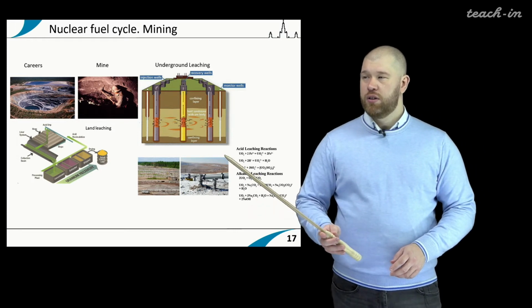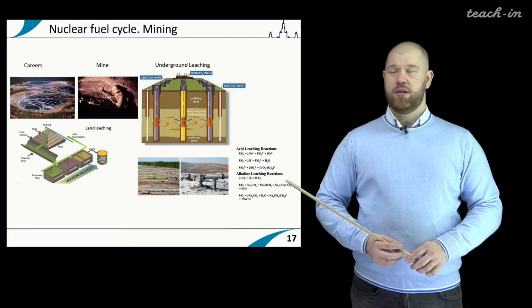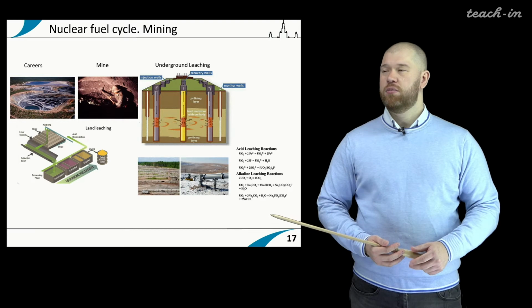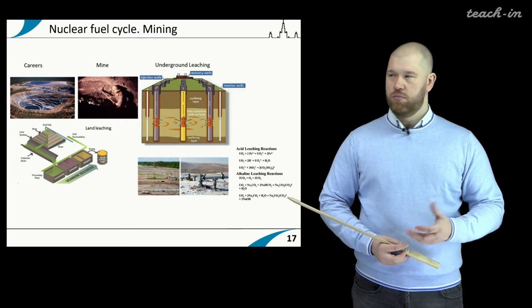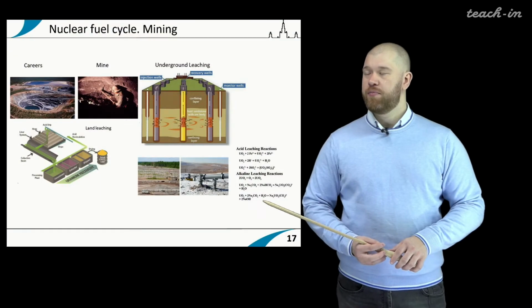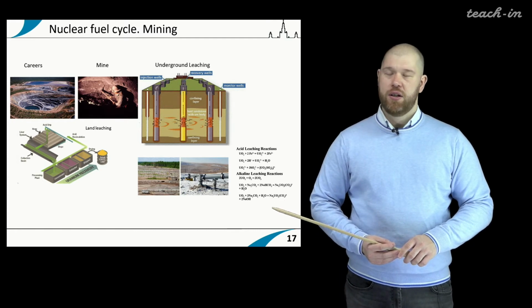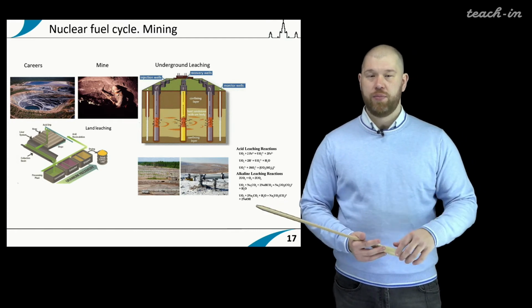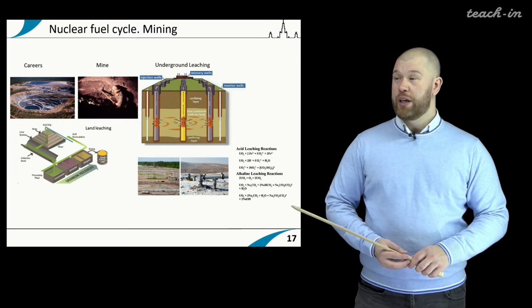Underground leaching is one of the safest methods for uranium extraction from the ore, but the application of these methods really depends on the geological conditions where uranium ore is located.